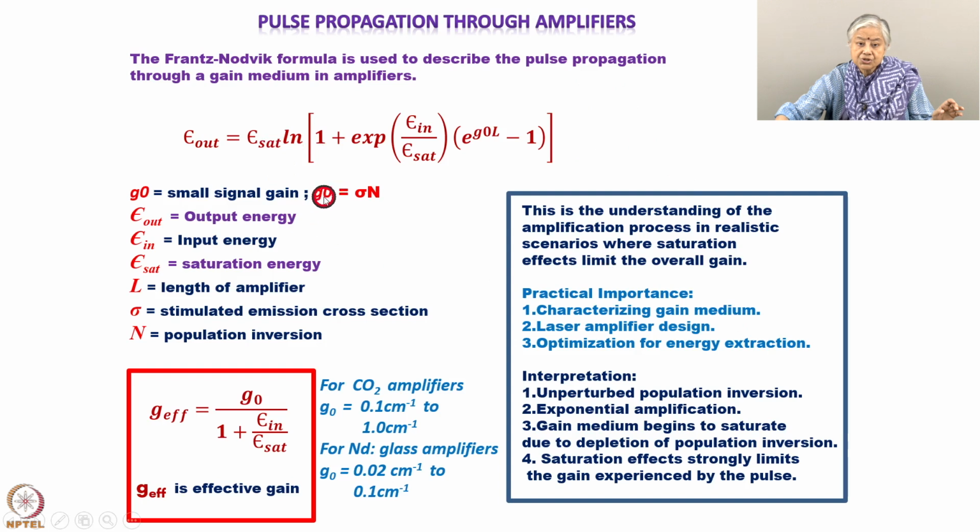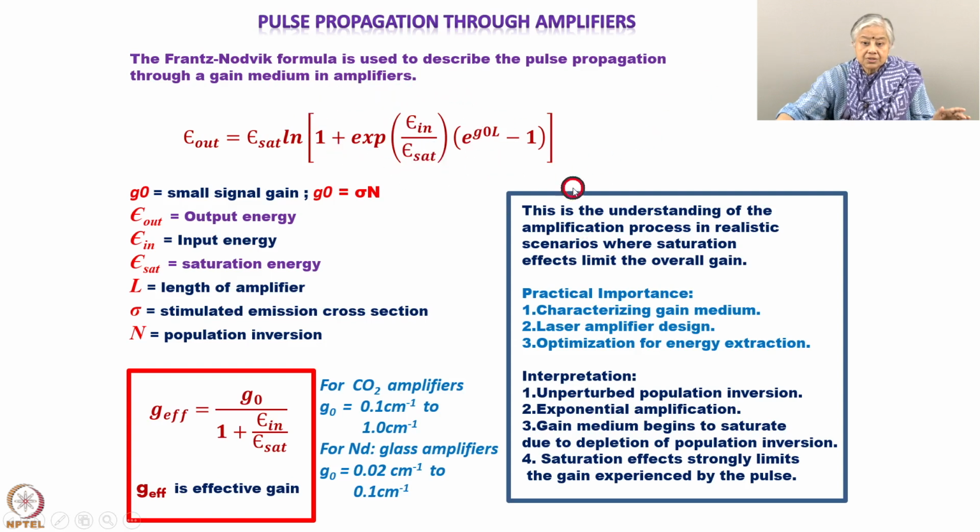It is proportional to the population inversion, and sigma stands for the stimulated emission cross section. Again, it's like a probability. Cross section, as you know, is always a probability that the population inversion will be utilized for the gain of the lasing medium. So, this is quite a famous formula.